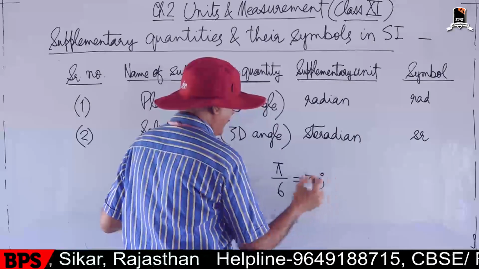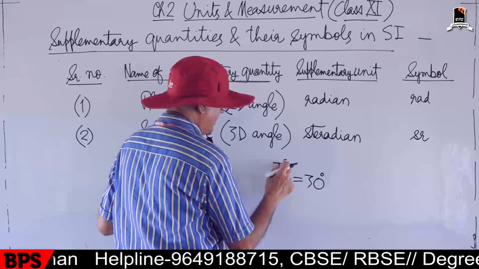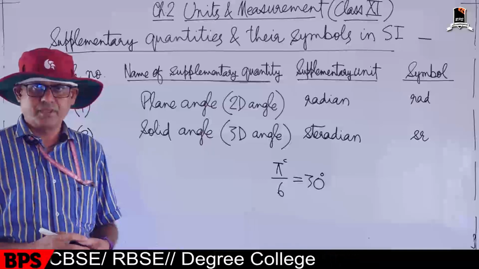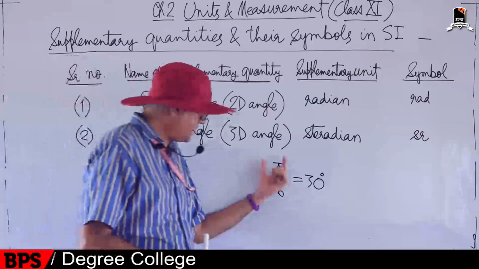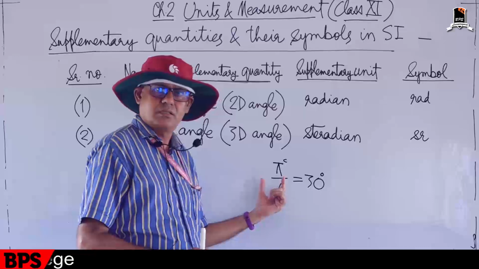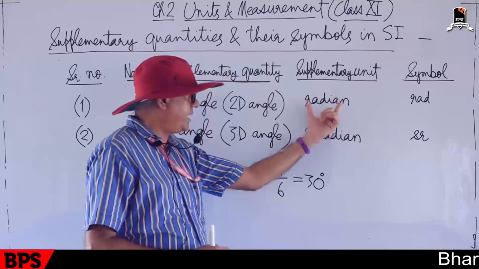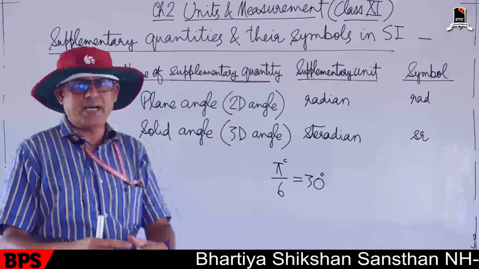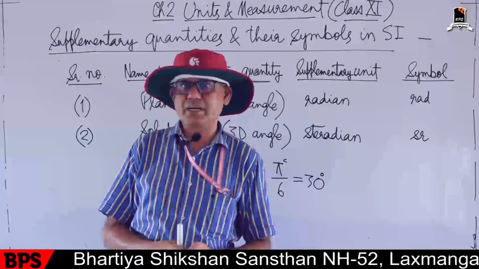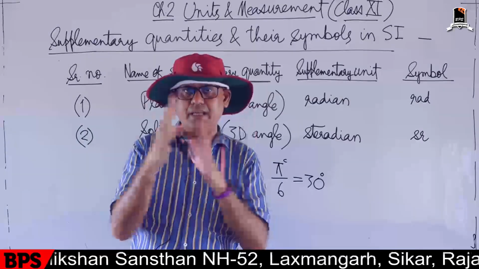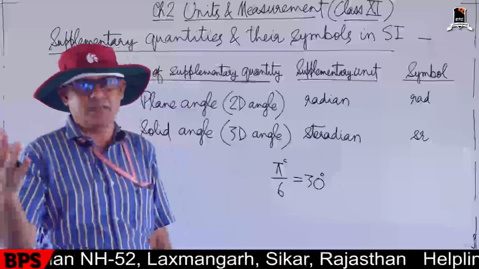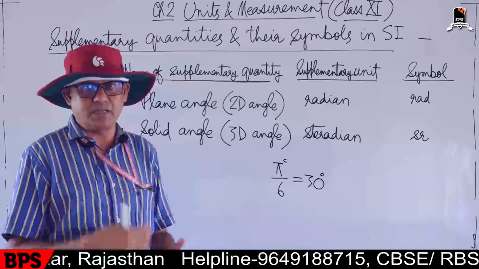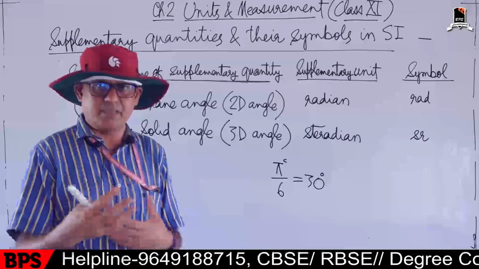Actually, here placed is C, C for circular measurement. But this pi by 6 is in radian units. It is not in degrees. 2 pi means 360 degrees, but 2 pi is in radians. 2 pi radians equal to 360 degree. Pi by 6 radian means 30 degree. Pi by 3 radians means 60 degree.